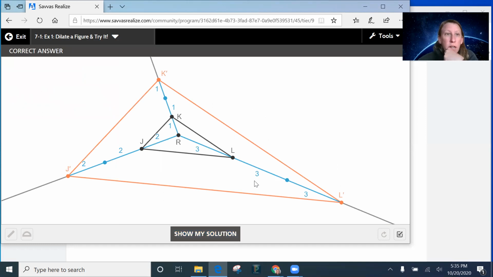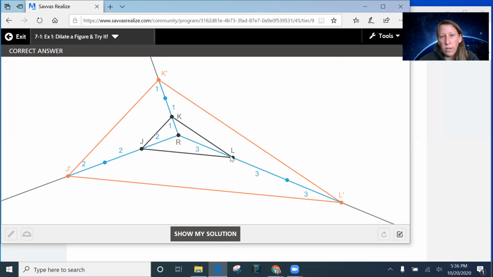Let's check our answer. You can see here, it's really interesting that each point, so we did line segment JL first, and it was this long. And it looks like point J was 2 units away from R. And after we dilated it, it was now 2, 4, 6 units away from R. So the center of dilation is pretty interesting.